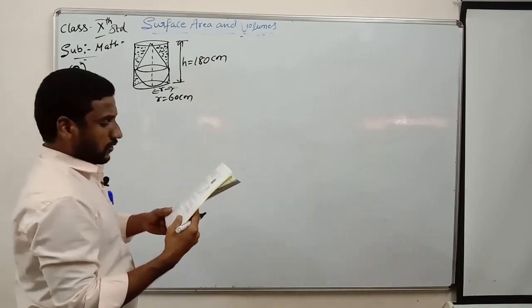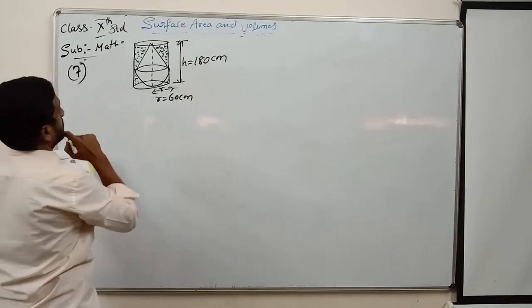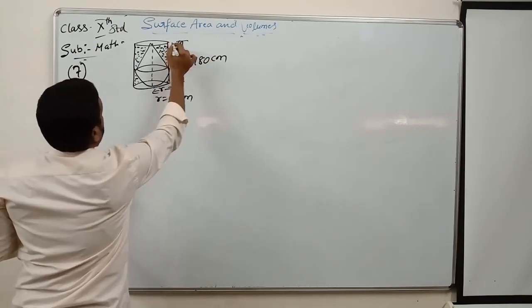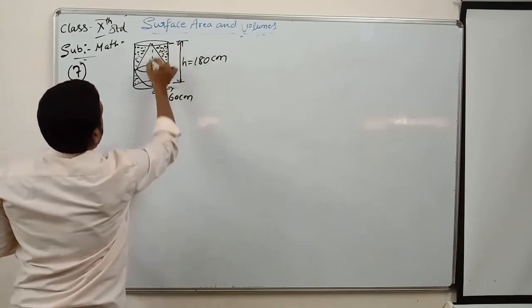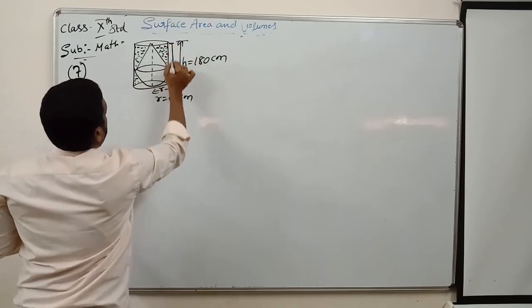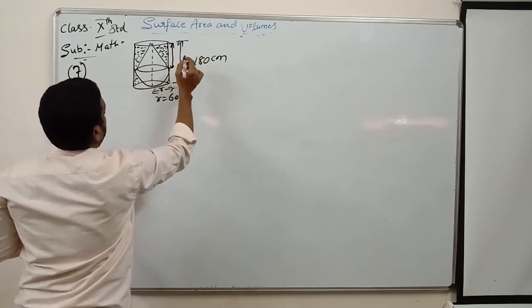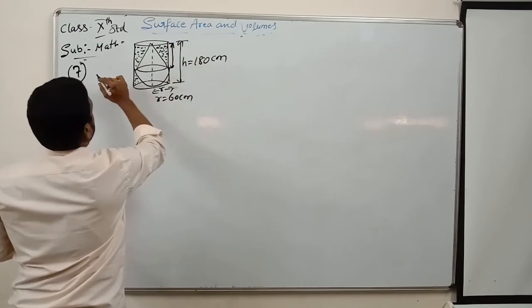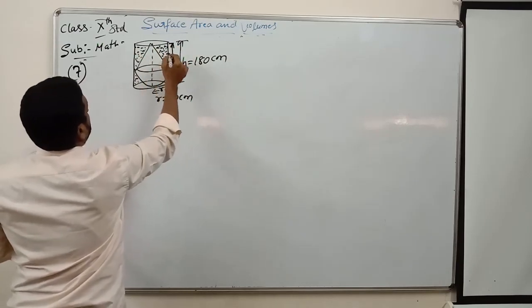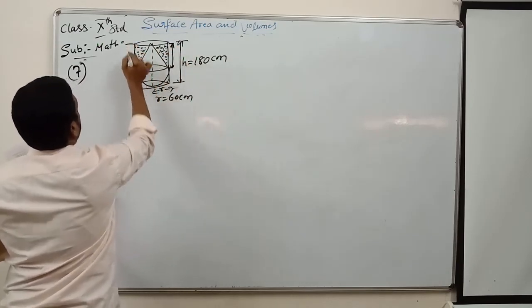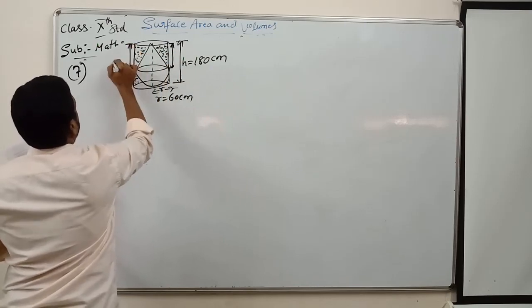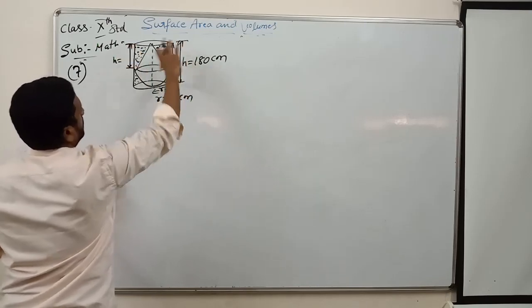Next, what is given here? Right circular cone. The cone height is given. From here to here, where the cone ends, this is the cone height. You can take that as H1, because H is the cylinder height.